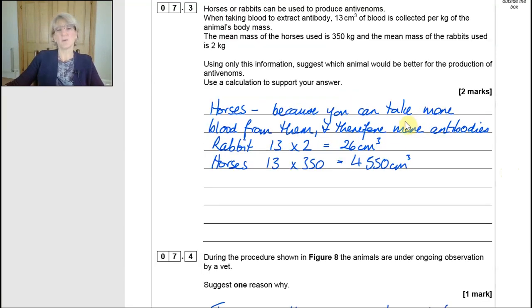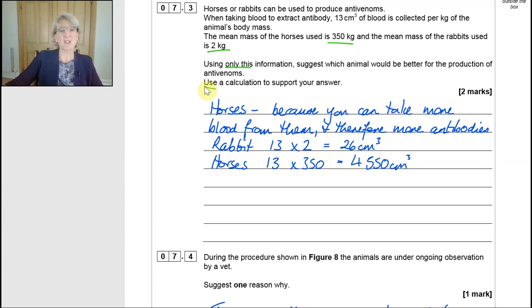Oh, this is about the horses and rabbits producing the antivenom using only this information. Which animal would be better? Now, I'm hoping that you'd realise that a larger animal would be able to donate more blood and therefore be able to produce more antibodies.